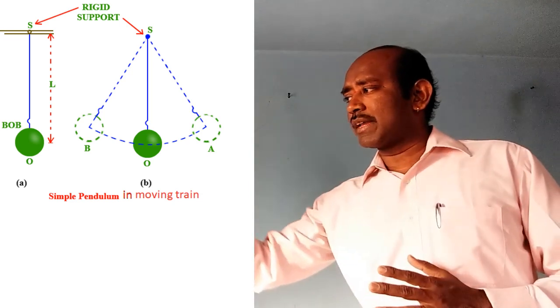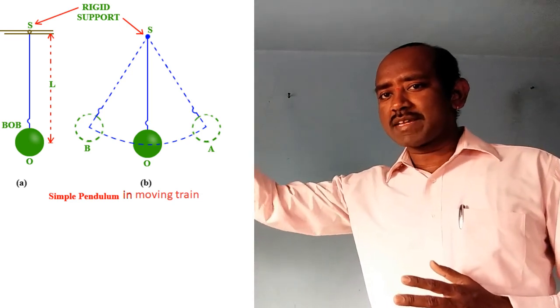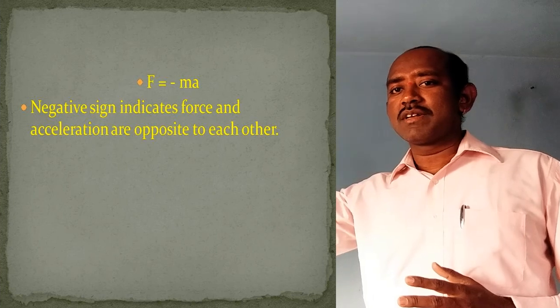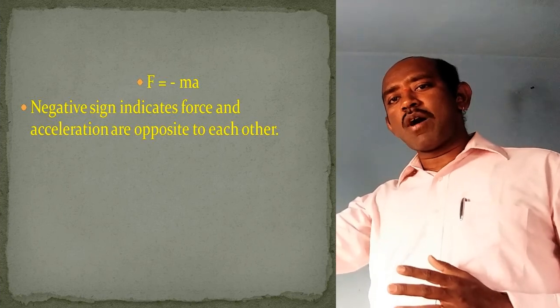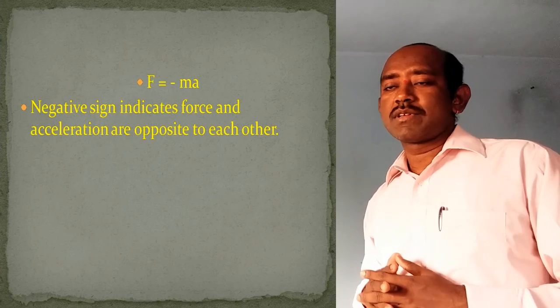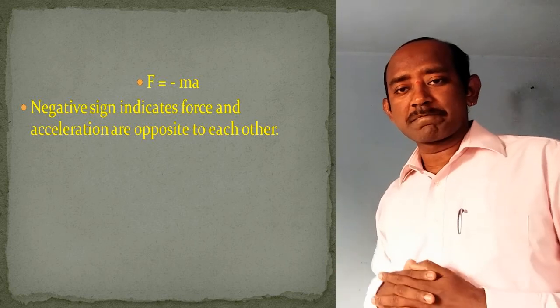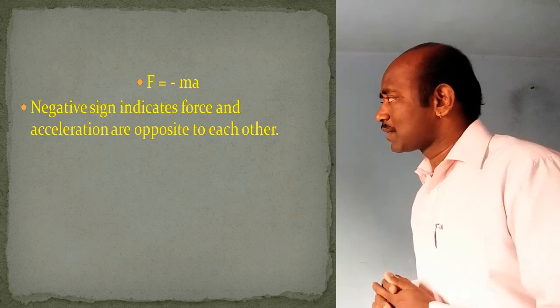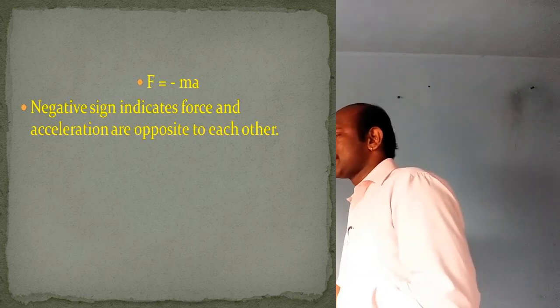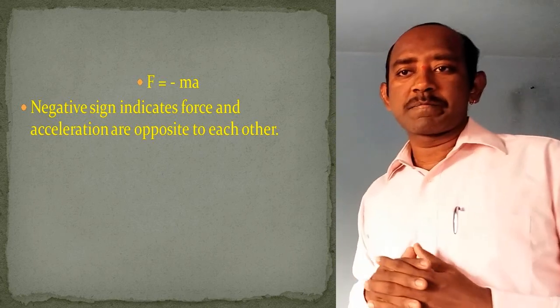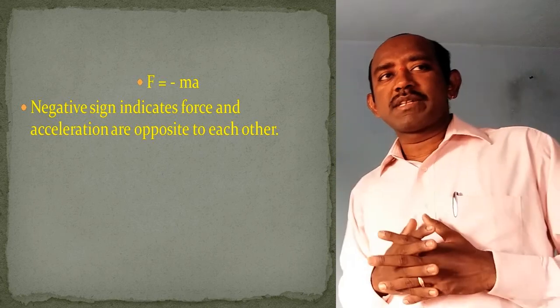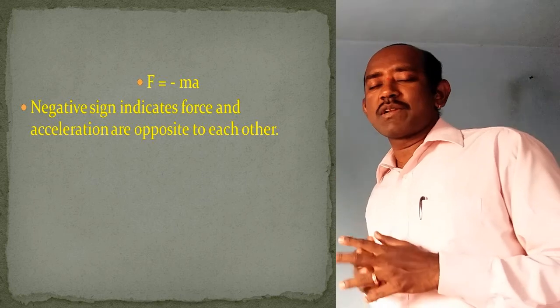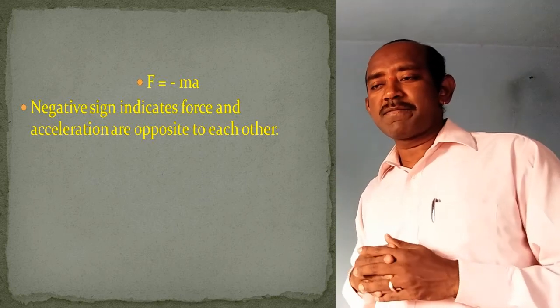The train is moving in that direction, it has an acceleration along that direction, but the bob is moving opposite to the direction in which the train is moving. So that's why we have taken this as F is equal to minus ma. We can take so many examples in the non-inertial frame of reference itself.